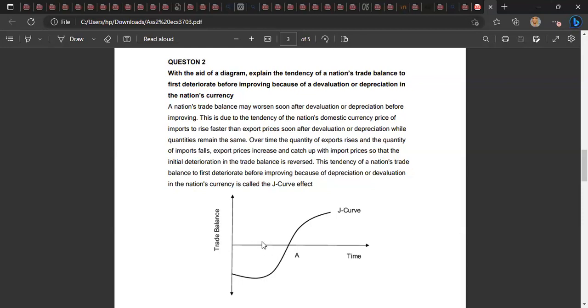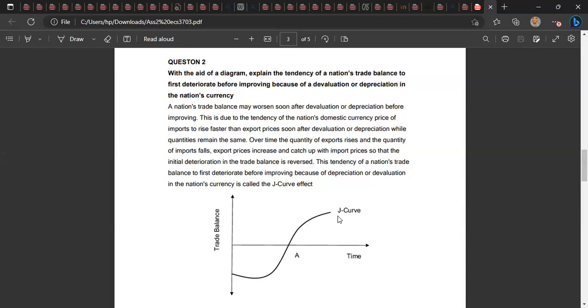Then it gets to a point where it's in equilibrium, and should it persist over time as the markets adjust, there is an improvement there. You realize that it's not going up forever. It's going this way, obviously, because even if rice is cheap, for instance, it doesn't mean that you are going to buy 100 bags of rice.